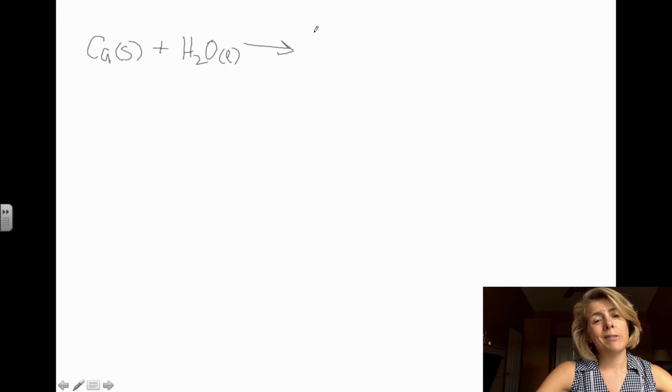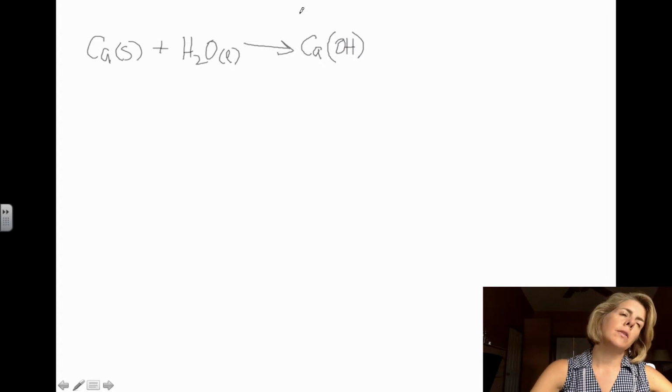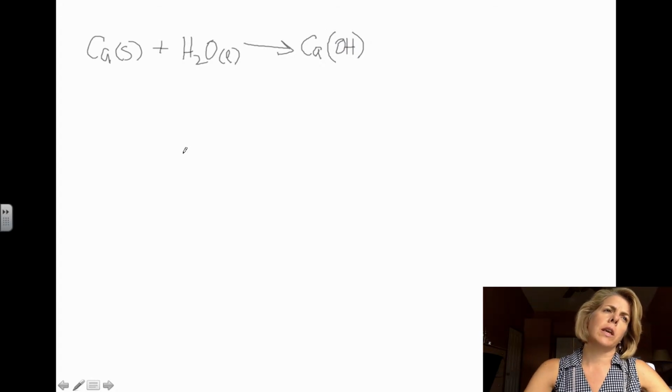Now, here you have to transfer calcium hydroxide. Calcium is the cation. This is an ionic compound. Hydroxide is OH. And I'm putting this in parentheses because I need to look at the charges of both.